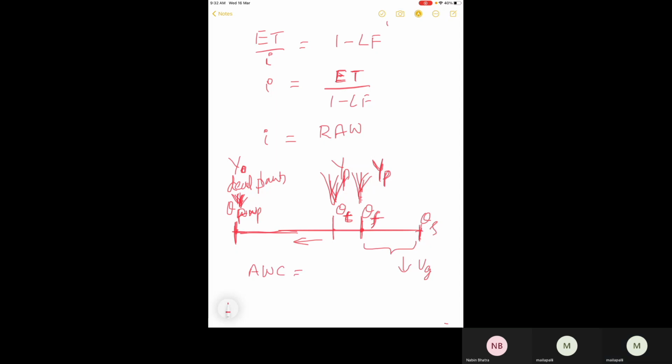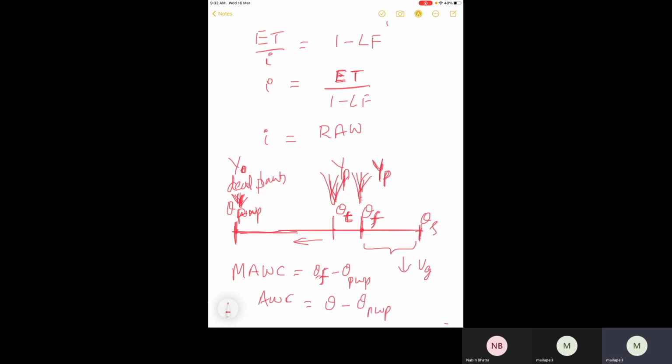That will be theta F minus theta permanent wilting point. This is the maximum available moisture content, right? So available moisture content or total available moisture content, that will be theta minus theta PWP.